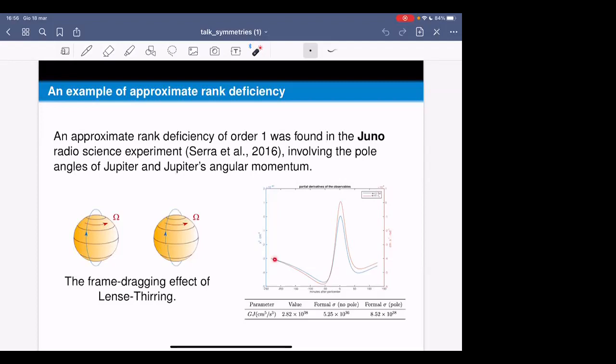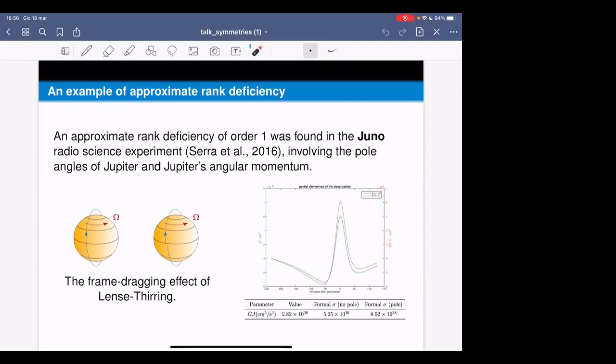In fact, you can see this by analyzing these, let us say, columns of the matrix B, so of the residuals in some sense. These are almost perfectly parallel columns, which means that the matrix B actually has an approximate rank deficiency of order 1.